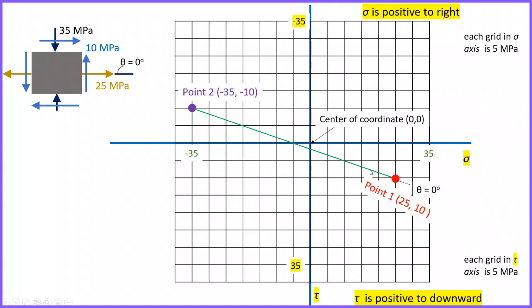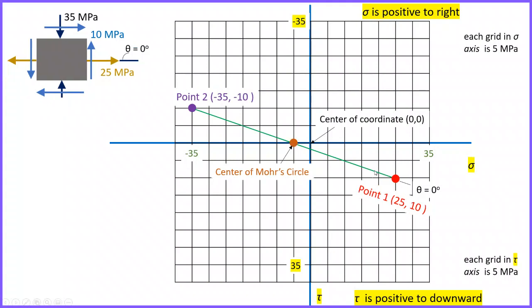This line represents theta equal to 0, and this is the line where it intersects the sigma axis.